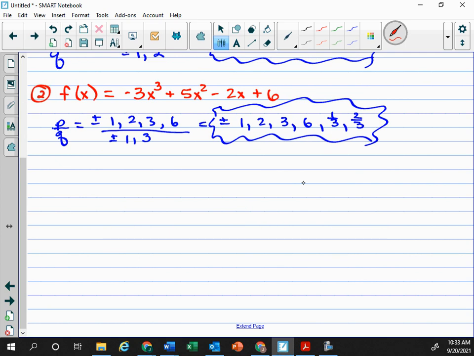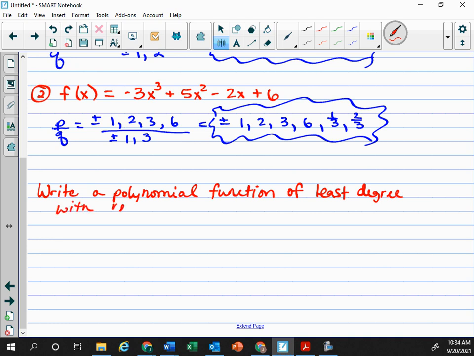Next, we're going to write a polynomial. It's a polynomial function of least degree with real coefficients that has the given solutions.